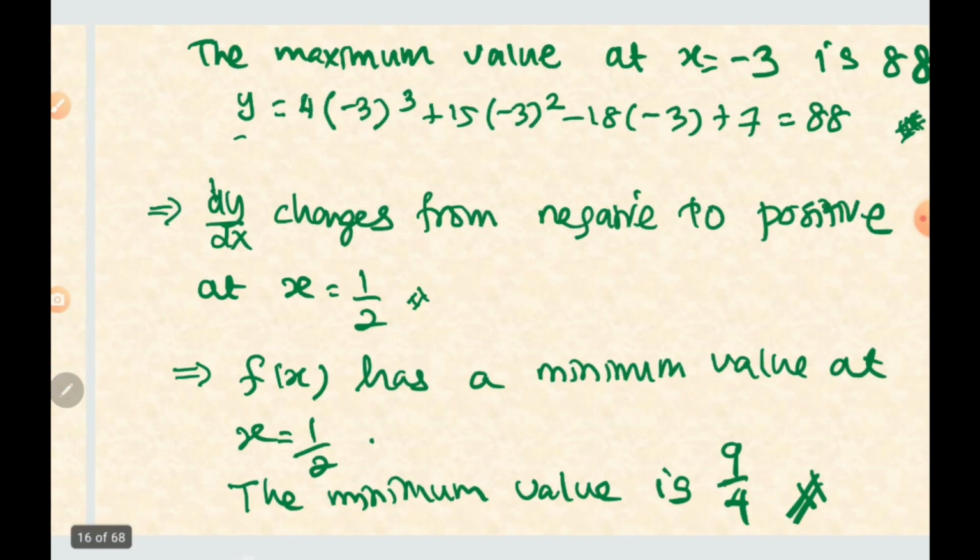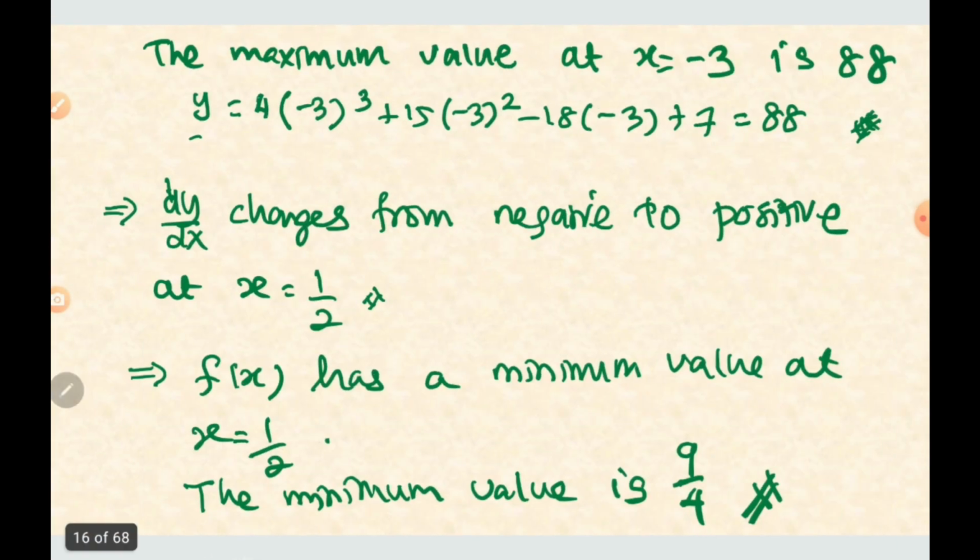The minimum point is 1 over 2 and 9 over 4. But the question asks us what is the minimum value. So the minimum value is the value for y, that is 9 over 4. So you have to create the table to determine the maximum or the minimum value.